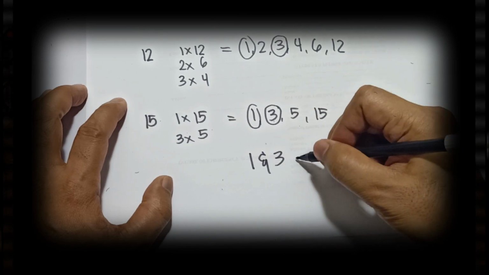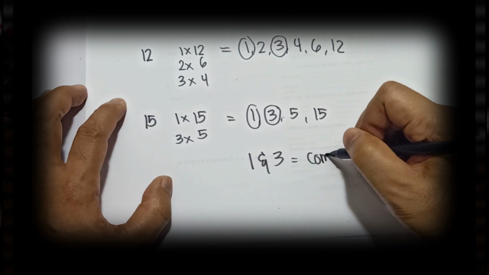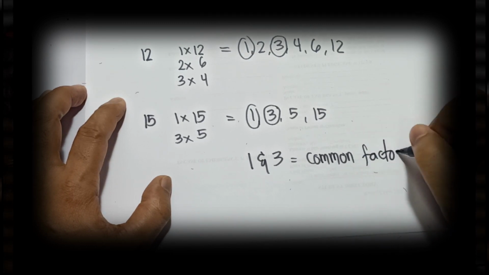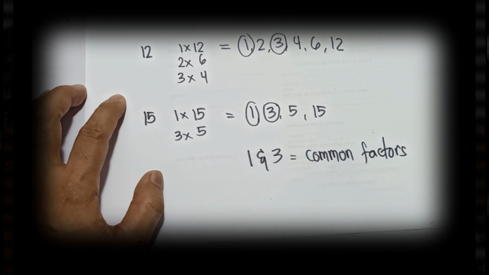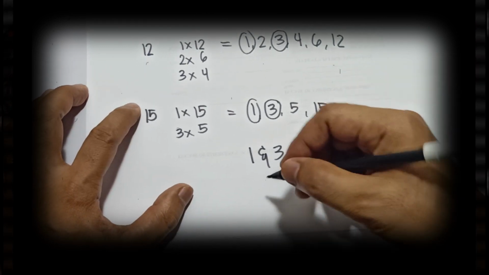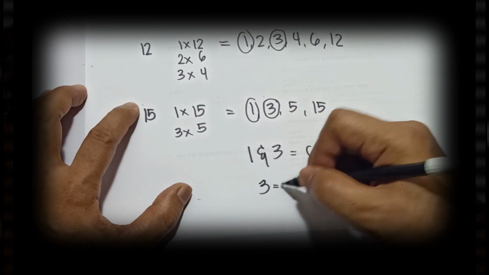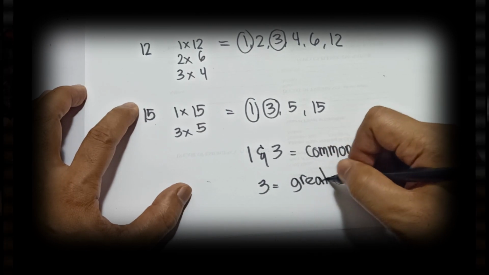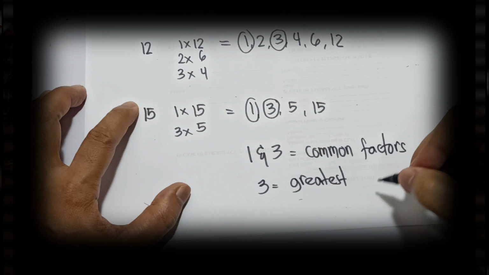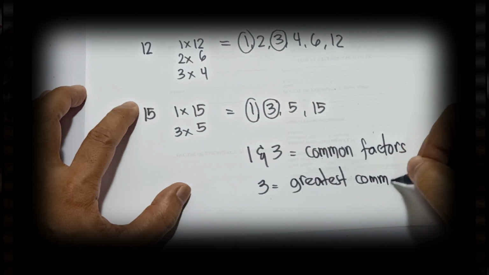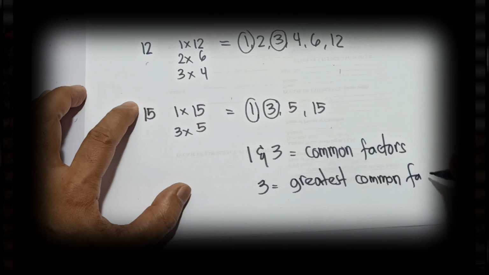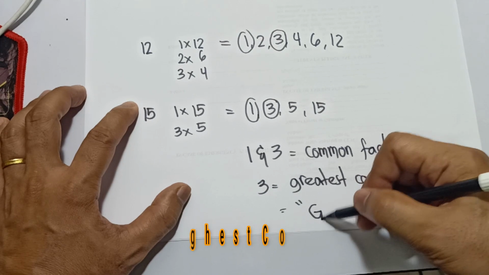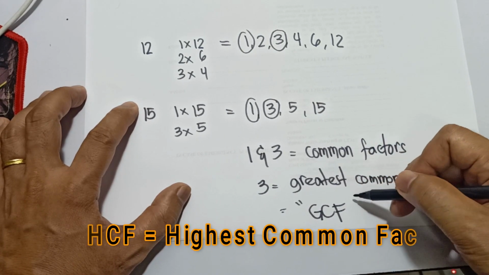So 1 and 3 are called the common factors, and 3 is called the greatest common factor, or simply the GCF, right?